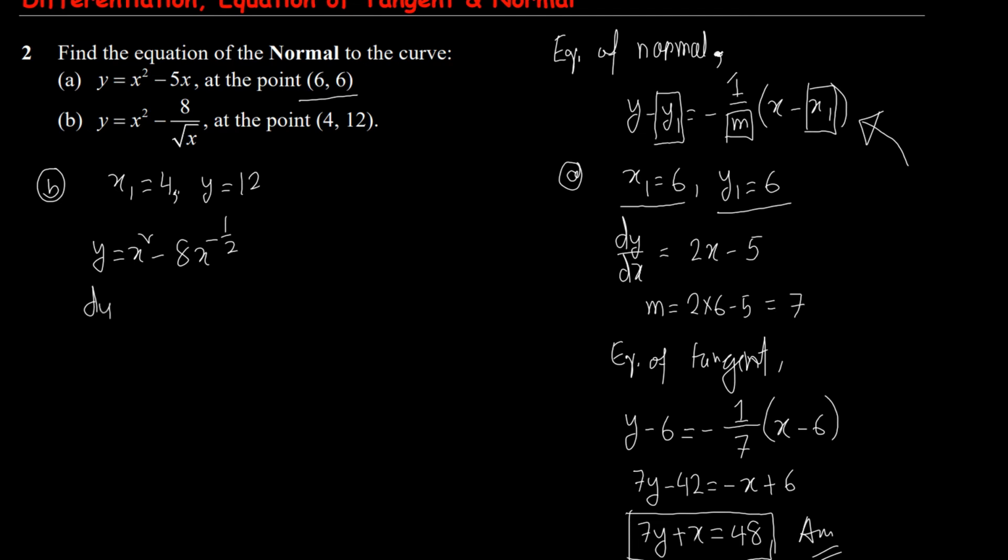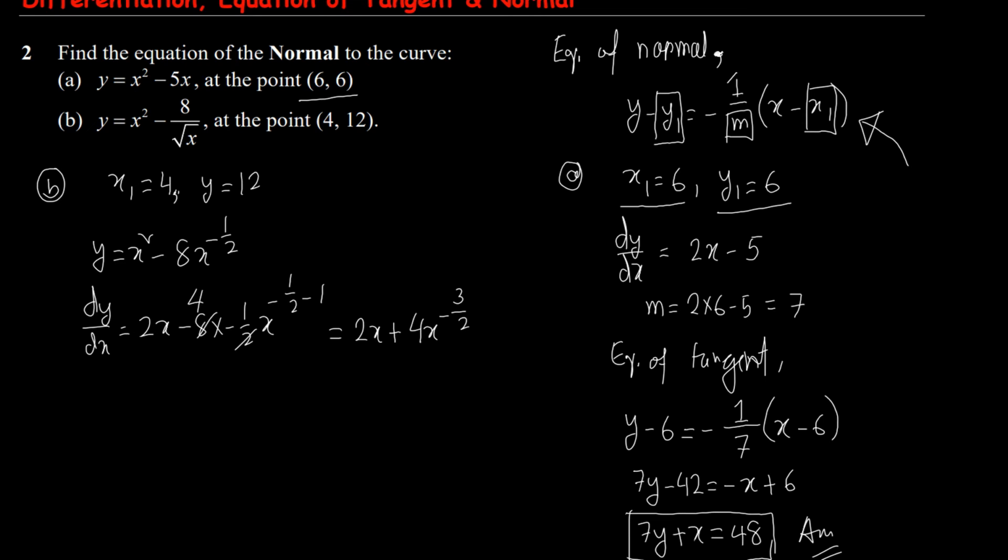Now dy by dx is 2x minus 8 into minus half, then x to the power minus half minus 1. So finally we get 2x plus 4 x to the power minus 3 by 2. That is our expression for the gradient.